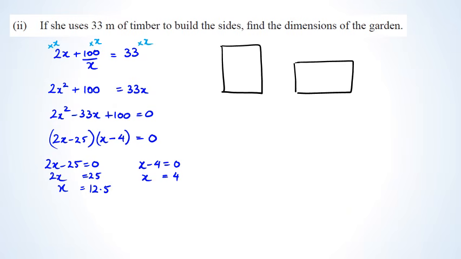I guess what I want you guys to see is, for one example, see how this is 12.5 and then this is 4. But if the area is 50, 50 divided by 12.5 is 4, and 50 divided by 4 is 12.5. So the dimensions of the garden is 12.5 meters multiplied by 4 meters.